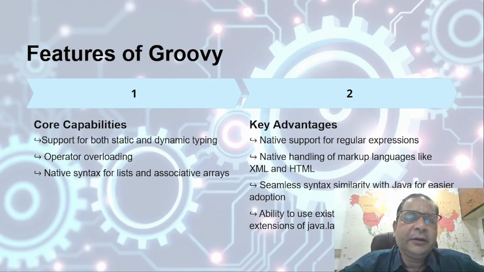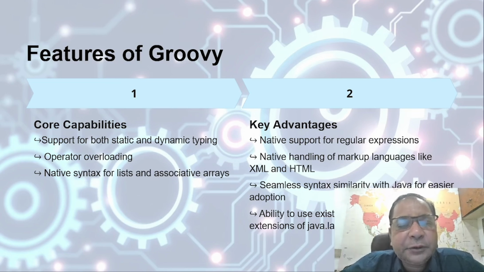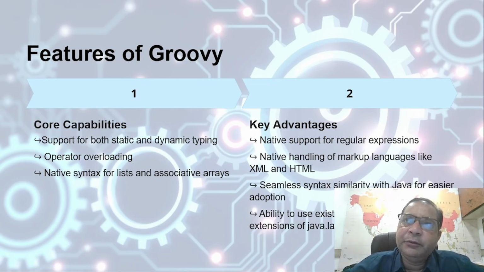Now, features of Groovy. Its core capability is support for both static and dynamic typing. Operator overloading is also supported by Groovy, along with native syntax for lists and associative arrays. What makes Groovy more useful than Java is a key advantage: it has native support for regex, regular expressions. Regex means if you want to play with strings, XML, or HTML, Groovy is very useful.